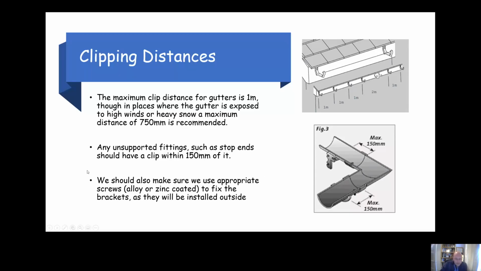Worth noting, when we fix our brackets into position, we'd normally use brass screws, stainless steel screws, possibly zinc coated screws, because they're going to be installed outside and need some sort of protection from corrosion, as it's going to be damp out there due to rain and the air, atmospheric corrosion.